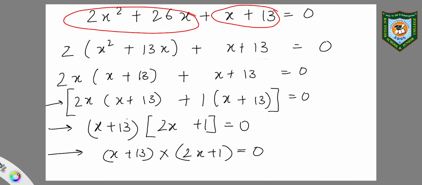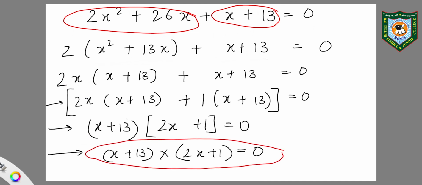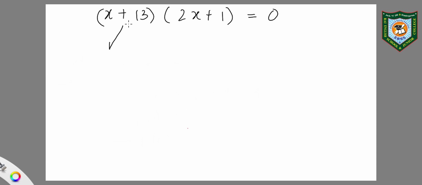We have x plus 13 into 2x plus 1 is equal to 0. That means if I have my RHS as 0, either this has to be equal to 0, or this particular term has to be equal to 0.